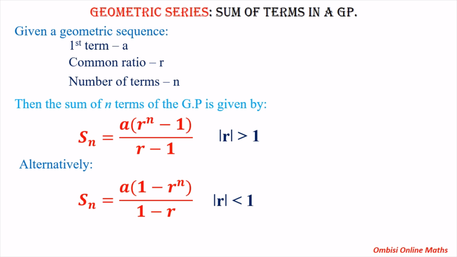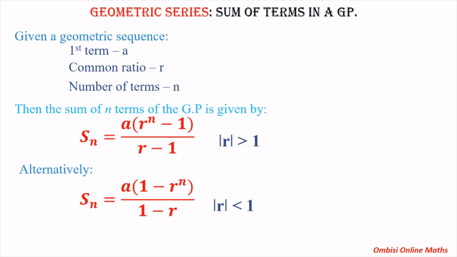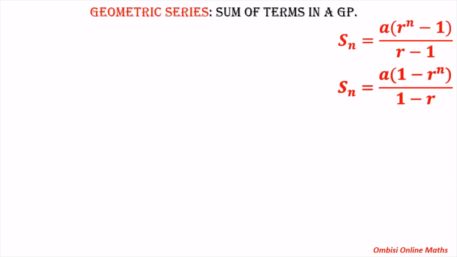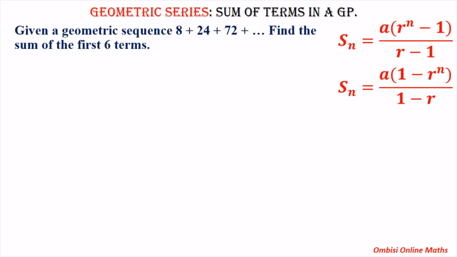So we are going to clear everything and preserve our two formulas to be used in tackling questions on a geometric progression. Now, we have a question: you have been given a geometric sequence of 8, 24, 72. Find the sum of the first 6 terms.